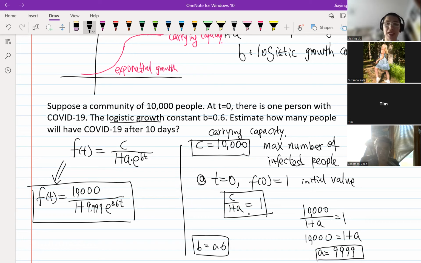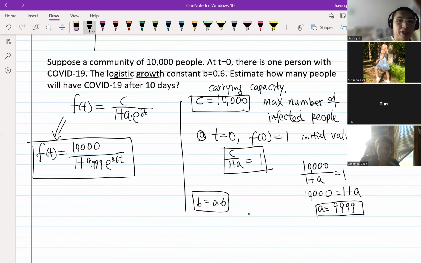And the question says, estimate how many people will have COVID-19 after 10 days. So we know the time is going to be 10. We just need to find the population. So we're going to take 10 and put it in there. So we get f of 10 is equal to 10,000 divided by 1 plus 9,999, e to the negative 0.6 times 10.